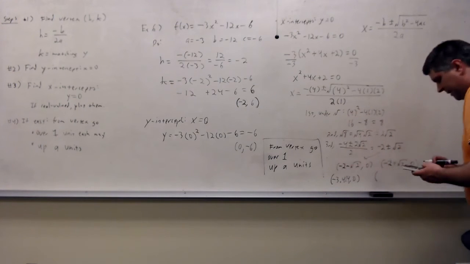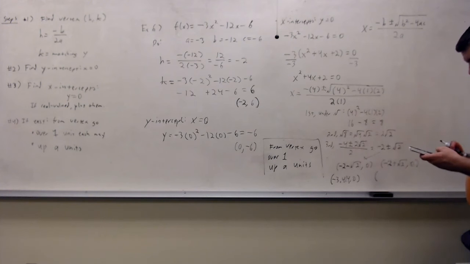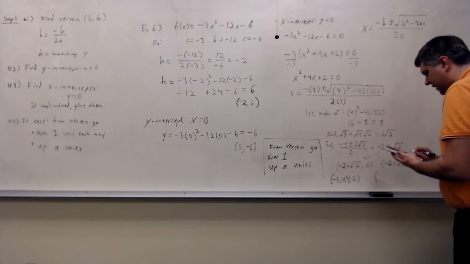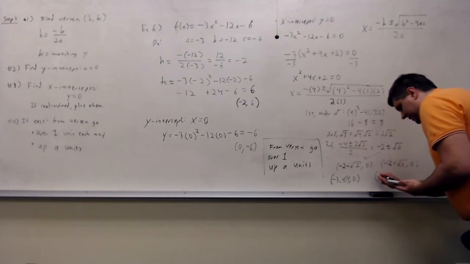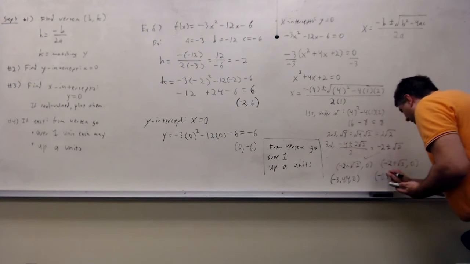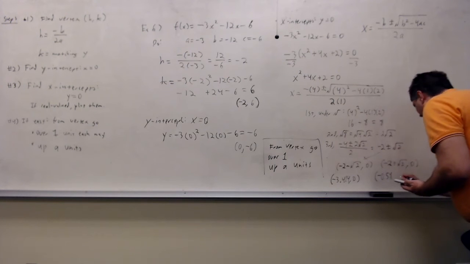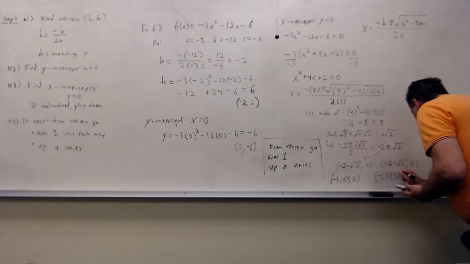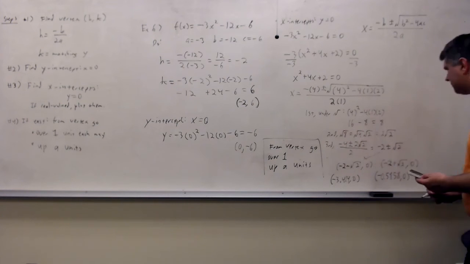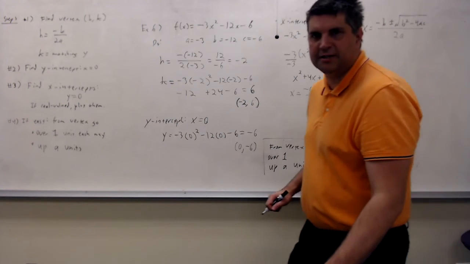And then this is going to be negative 2 plus the square root of 2, and that's approximately negative 0.5858, 0. Okay, I'm going to pause here and set up the grid.